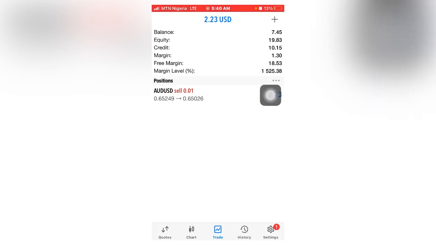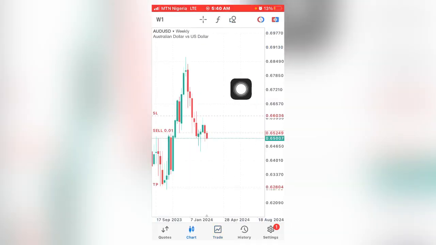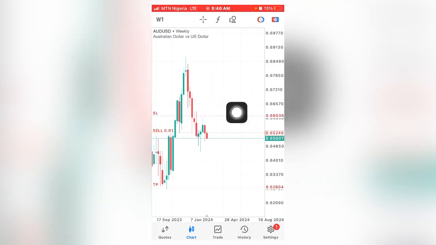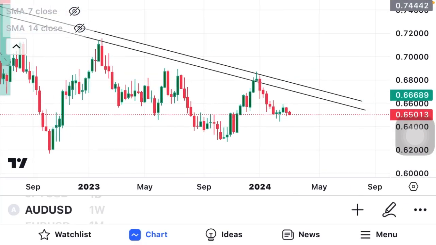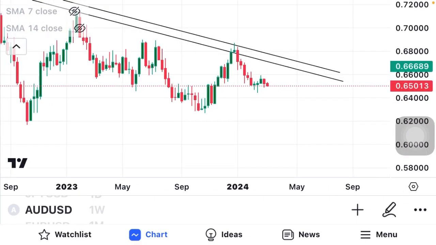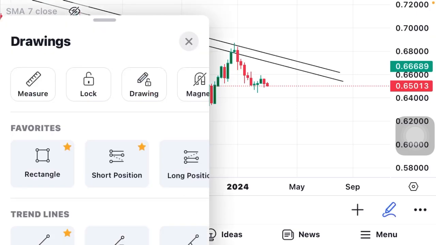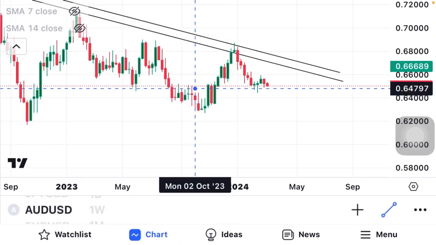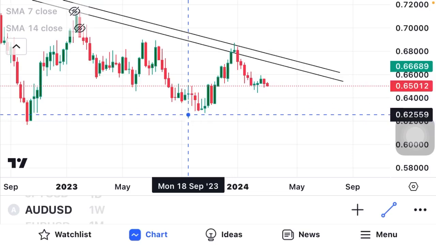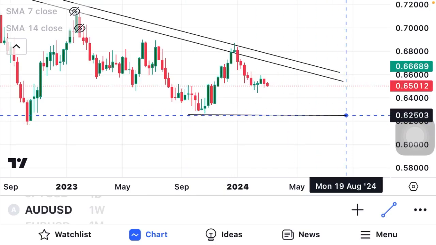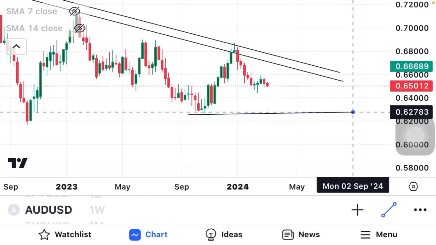So you can see that the trade is running in profit as at the time I'm making this video. This is the chart. We are back here now. This is TradingView. I am trading this market to get to this zone. If this market retraces to this zone, I have taught you how to use all these tools.